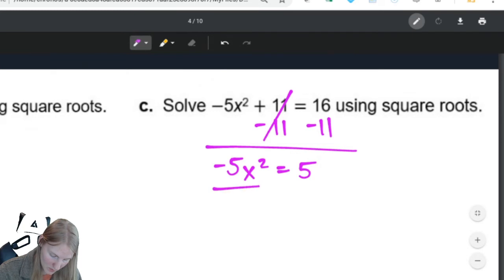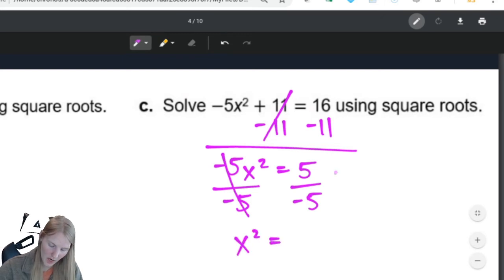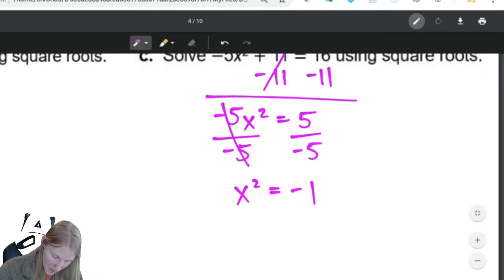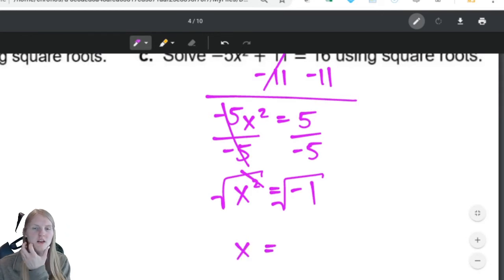And now I'm going to divide by the negative 5 up here. I'm going to do that on both sides. So those cancel out. And now we're left with x squared equals 5 divided by negative 5. This is negative 1. Now, if I take the square root of both sides, that'll cancel out. And the square root of negative 1 is... oh, not possible.